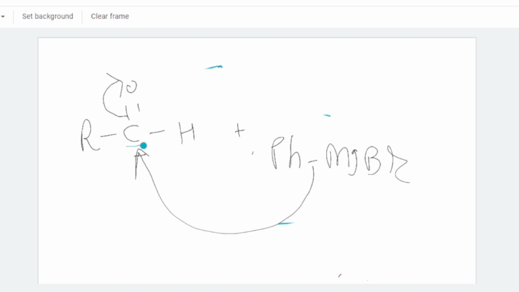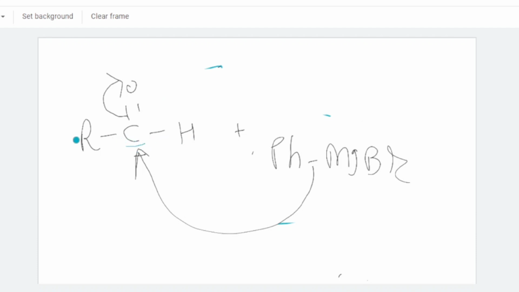The reactivity of this compound will be higher if the carbon has more partial positive charge. So for this it will connect with the electron withdrawing group, and so the carbon will have more partial positive charge. For this you must know the concept of inductive effect, minus inductive effect and plus inductive effect.